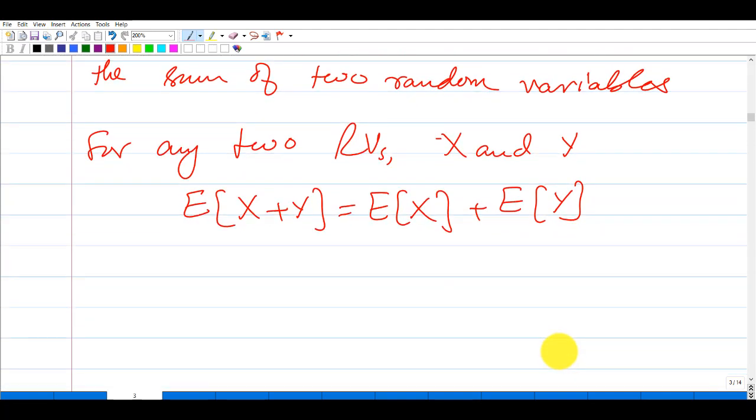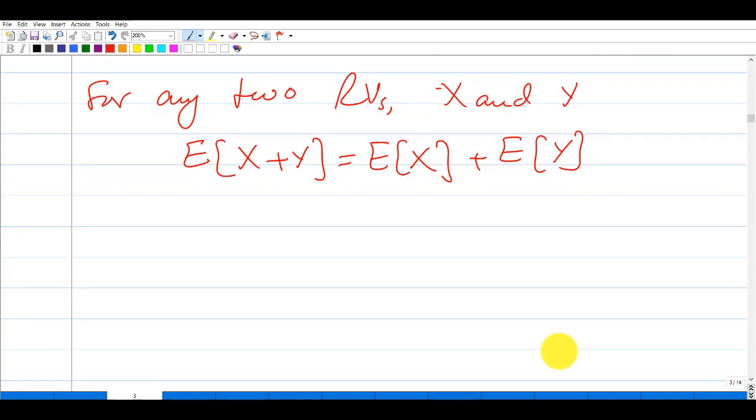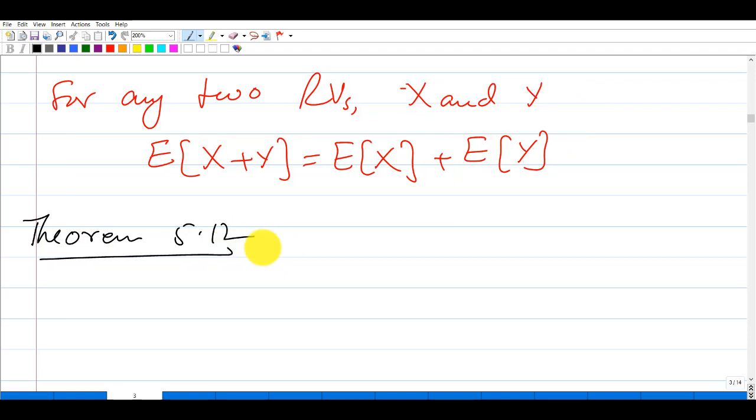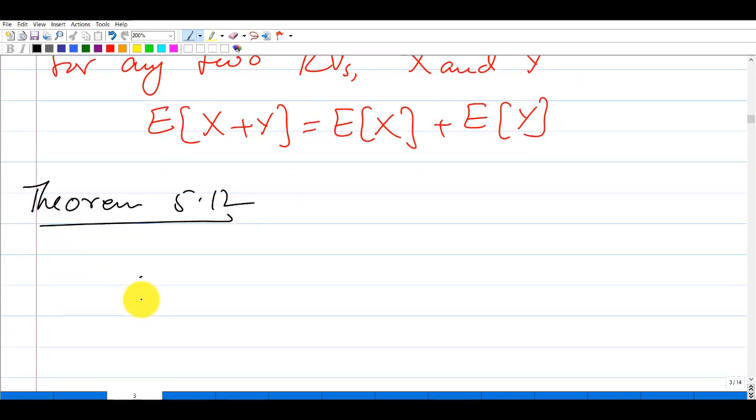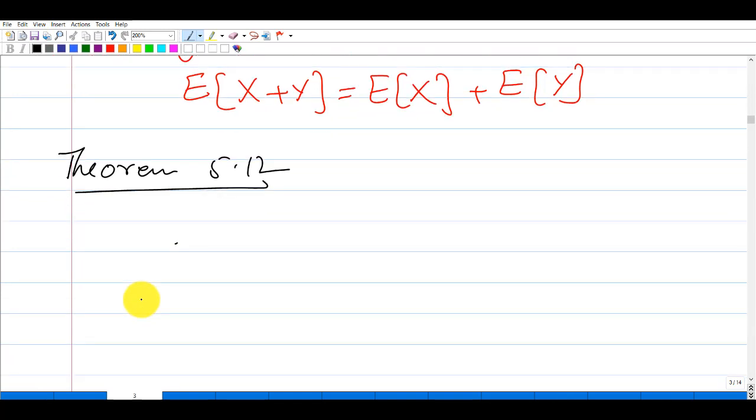Now next we have theorem 5.12. These are just basic definitions, so don't worry that I'm writing too many theorems here. They are simple. It says that the variance, as we know, is defined as the spread of the data. We have seen it for a single random variable.